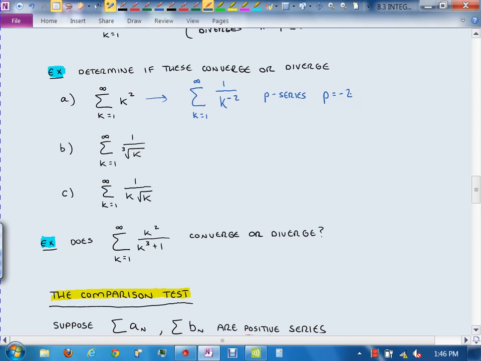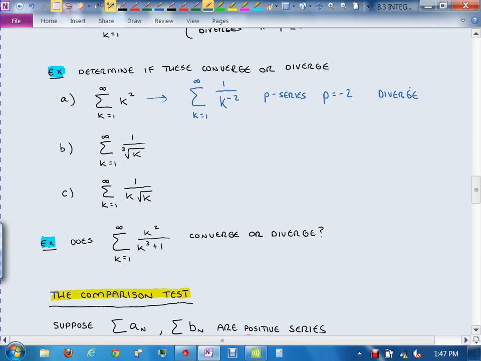According to my sheet here, this will diverge. I don't have to do any work. You don't have to do any work on P series, but you have to identify them as P series.